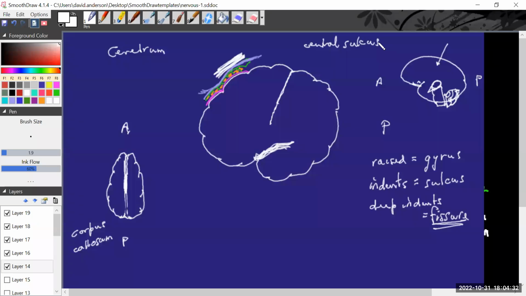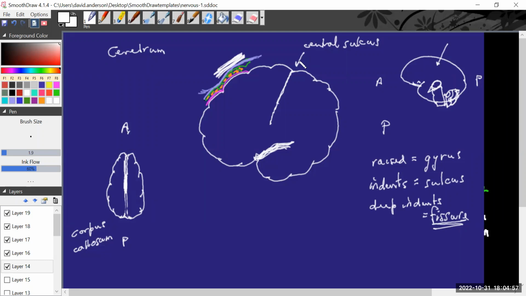And a lot of our unconscious or subconscious integration is going to come from other neurons deeper in the central nervous system, those ones we mentioned like the brainstem and the diencephalon. So we use our central sulcus as a reference point.